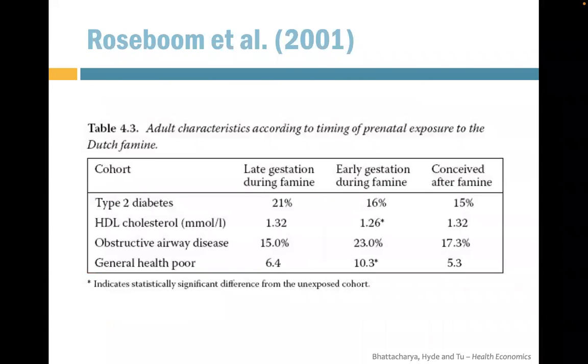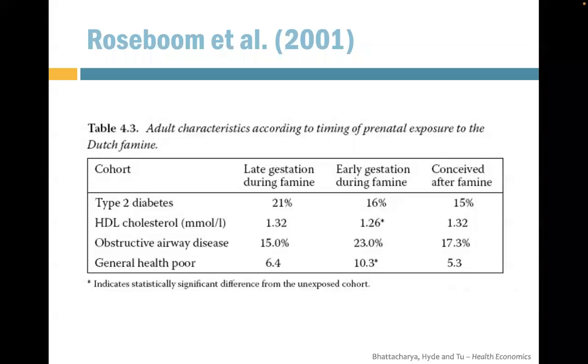This is the result table of that study. These three columns are different baby groups. The first column is late gestation during famine. The second group is early gestation during famine. The third group is conceived after famine.